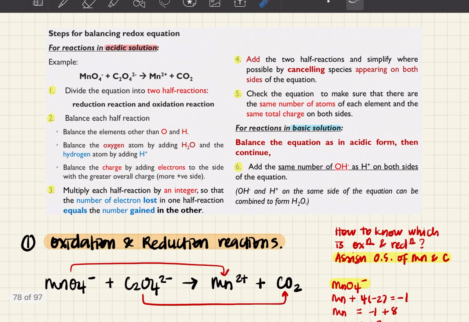Okay, the third step is for you to multiply each half reaction by an integer so that the number of electron lost in one half reaction equals the number of electrons gained in the other. Apa ke bendanya itu? What does that mean?